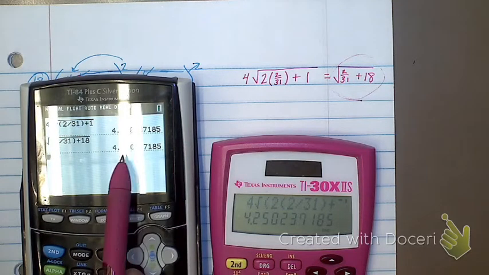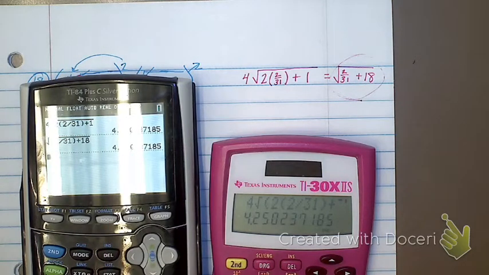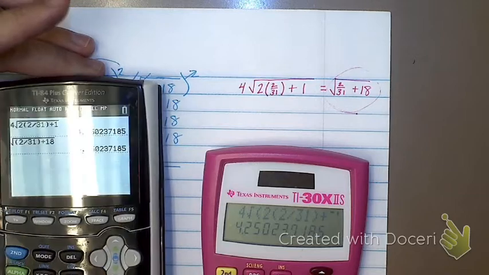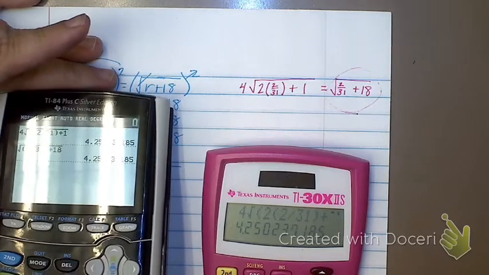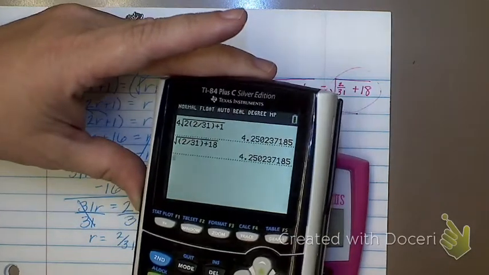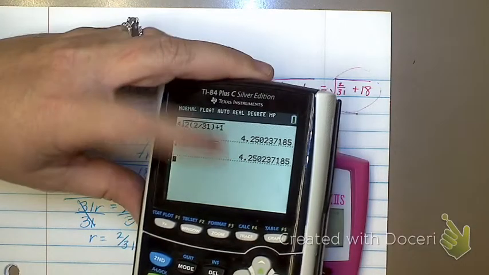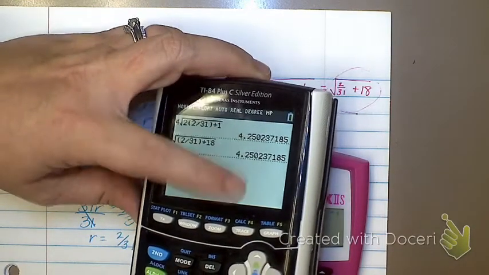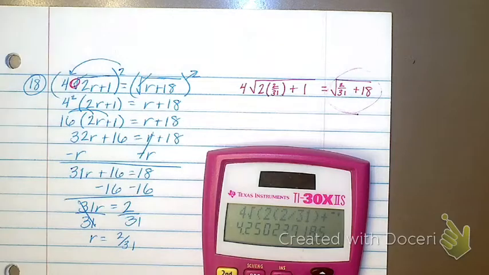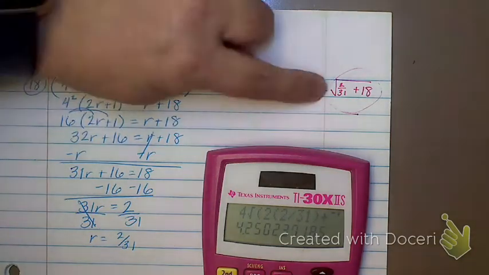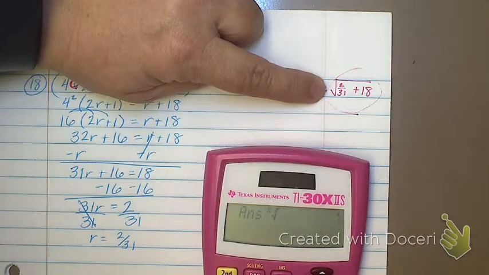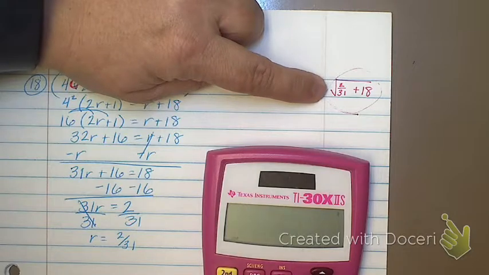Now here it's easy to see that it is the same thing because you can see the digits right there, 4, 2, 5, 0. You can see that they match exactly. How can I tell that on here? Well, don't clear anything. Just do the square root of parentheses 2 divided by 31.